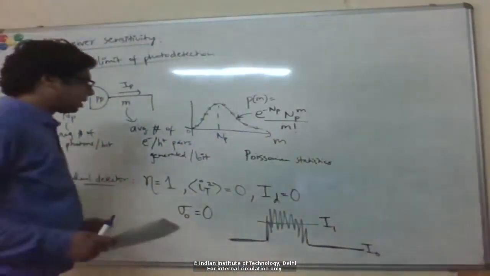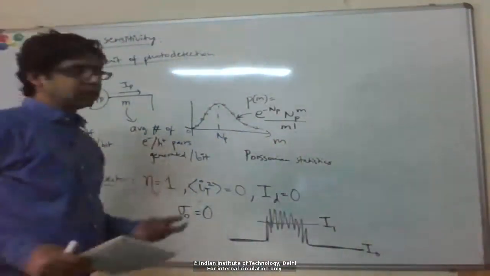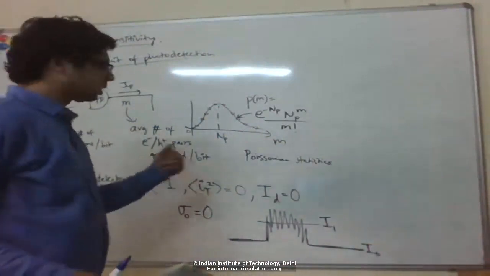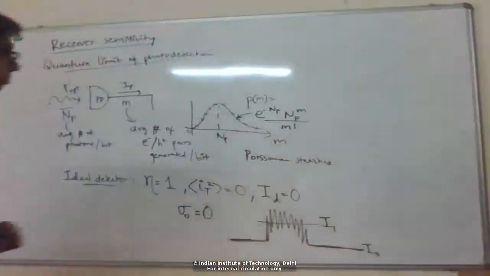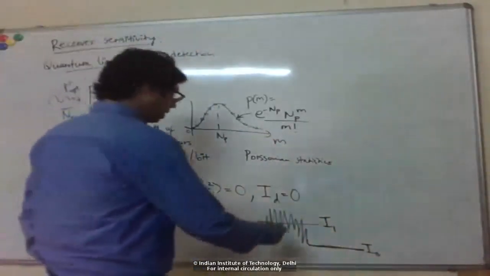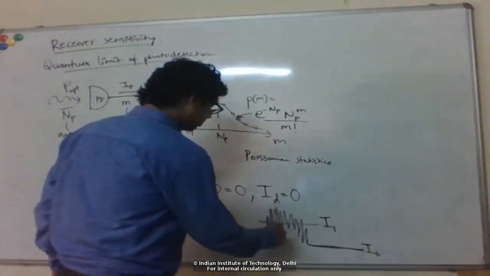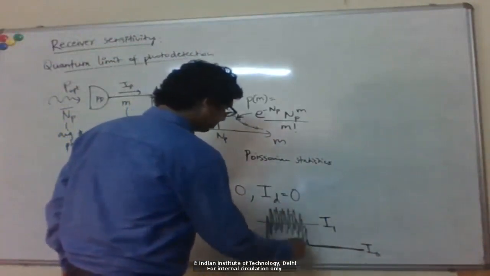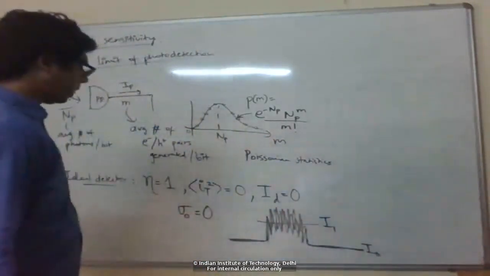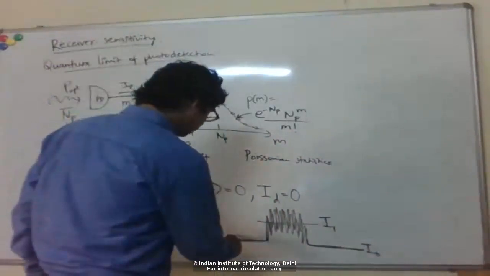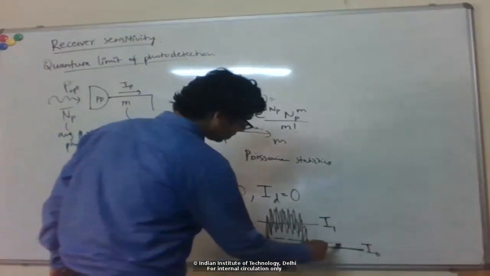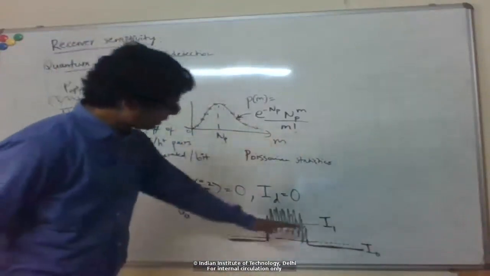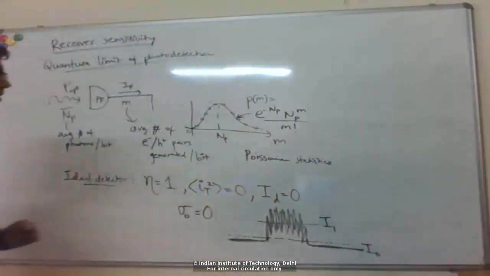Typically, if you are in the thermal noise limit, you want to set that somewhere in the middle. But now here, you can see that the noise is only there for bit 1. Bit 0 has no noise. So actually, you want to set your threshold as low as possible, very close to 0.